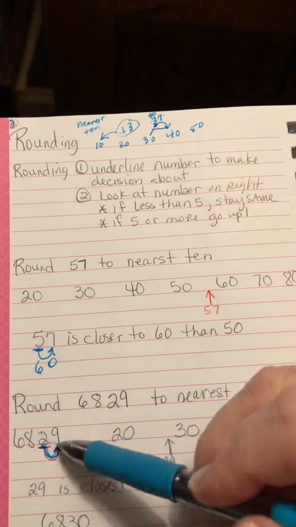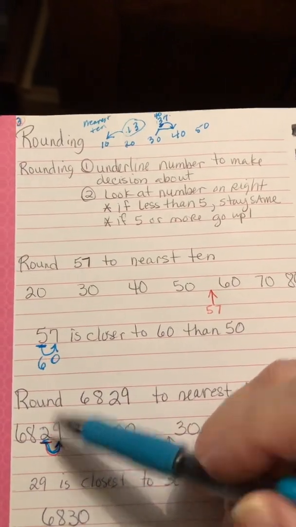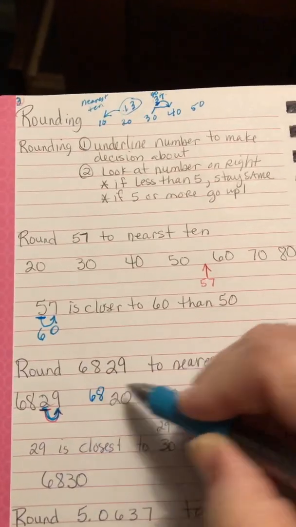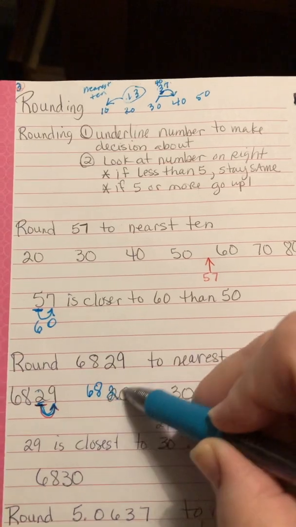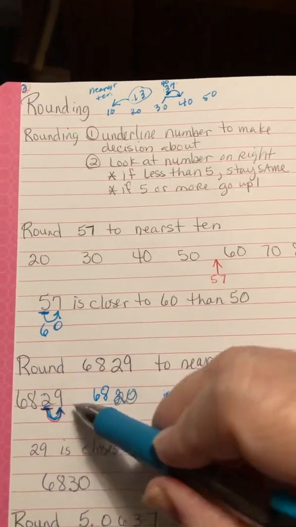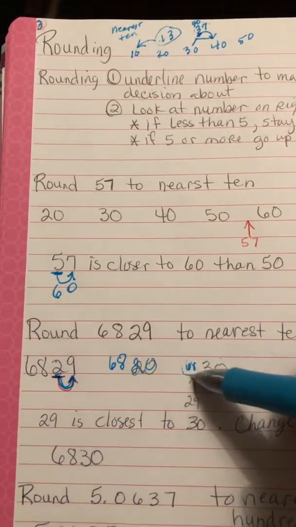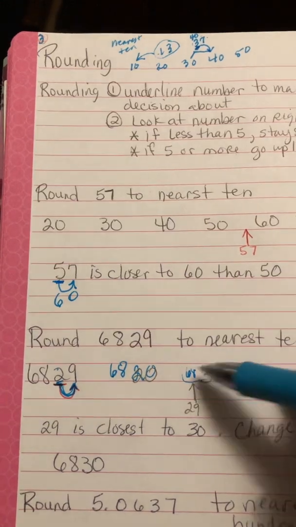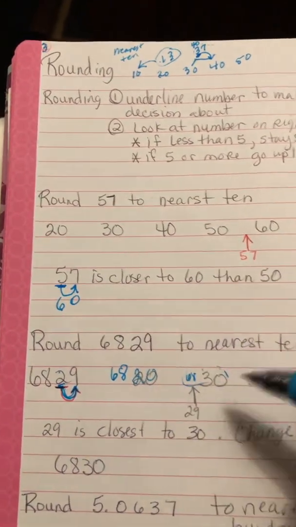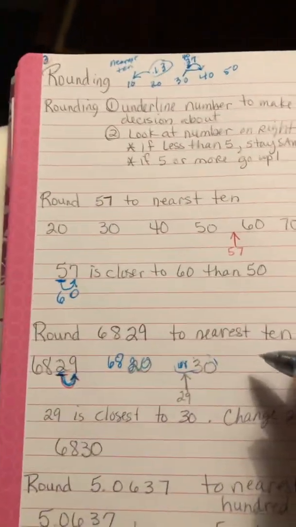So this is saying that 6,829 was between 6,820 and 6,830. That's where it was at. And we're saying, oh, 6,829 is closer to 6,830 than it is to 6,820. And so that's why the rounded answer then is 6,830.